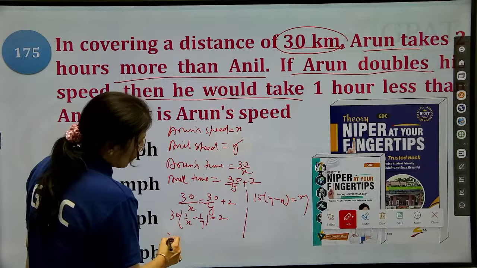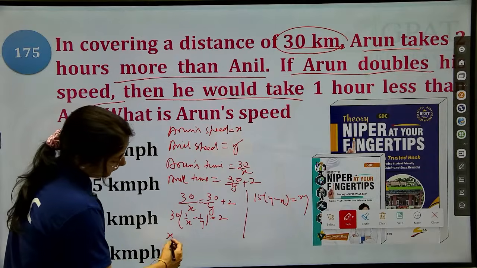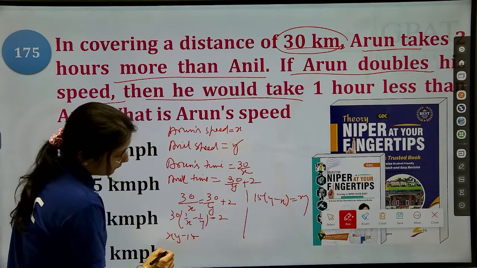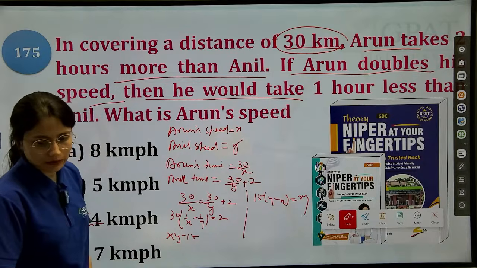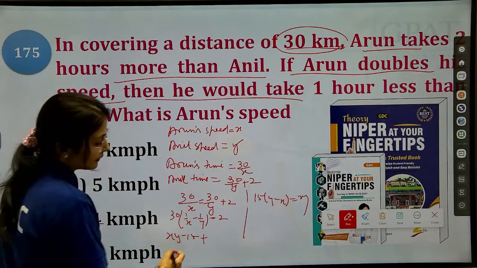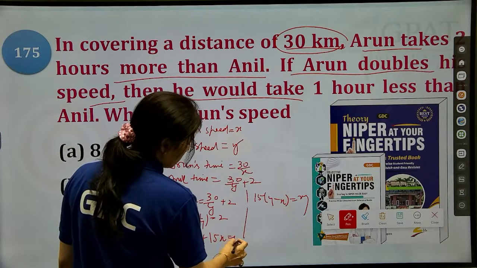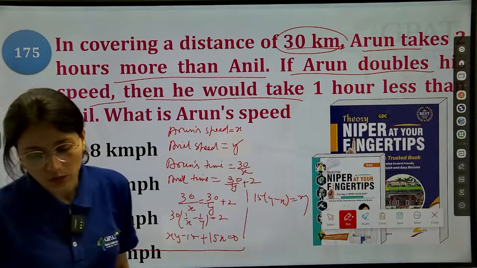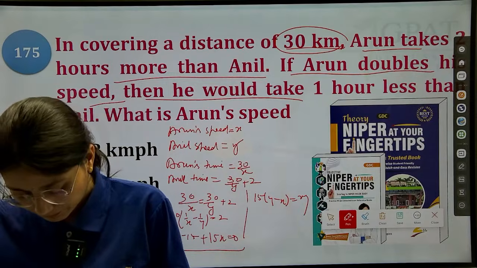So the first is xy minus 15, xy minus 15 plus 15x is equal to 0, that is 15x is equal to 0.